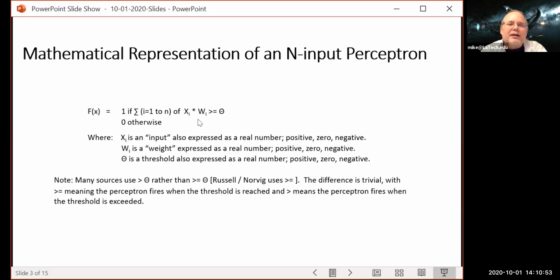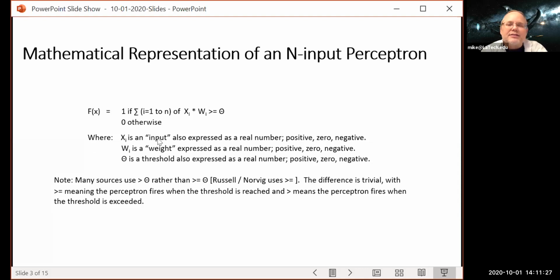You go from 1 to n, and each time through the loop, it would add to a sum the current input, x sub i, times the current weight for that, w sub i. It would multiply those together, add them to the evolving sum. After you finish the little summing loop, you would compare it to theta, and if the sum was greater than or equal to theta, then you would return a 1. Otherwise, you would return a 0.